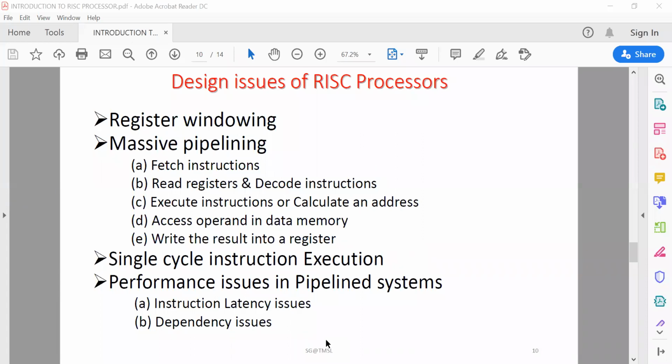Now therefore special hardware, usually implemented as part of the processor, needs to write the information out to the main memory before something else tries to read that location, or before reusing that part of the cache for some different information. Okay. So there are two issues relating to this pipelining: the instruction latency issues.